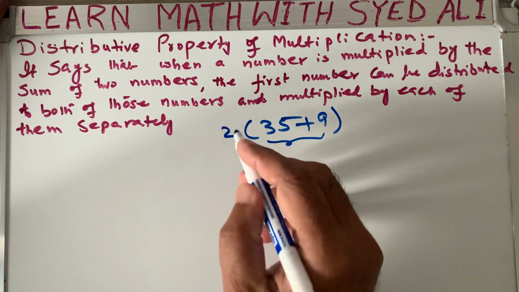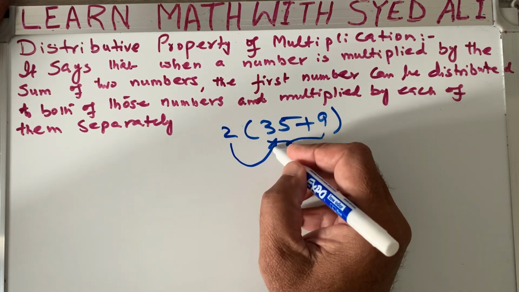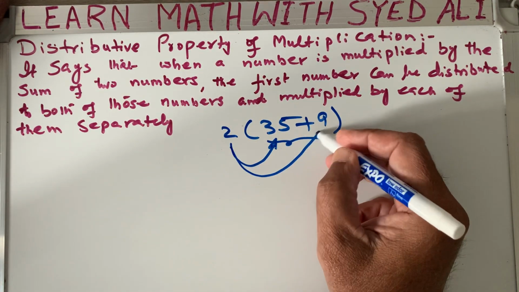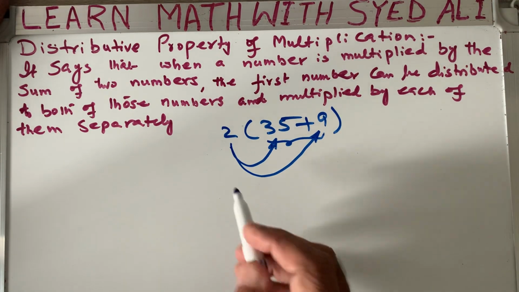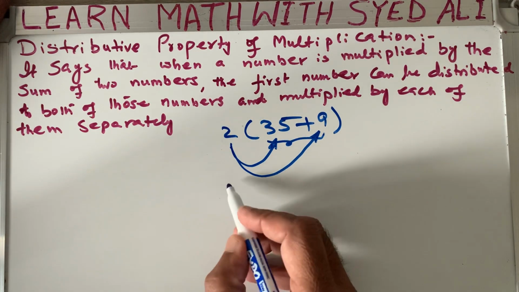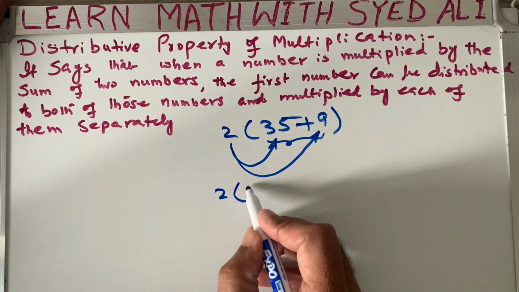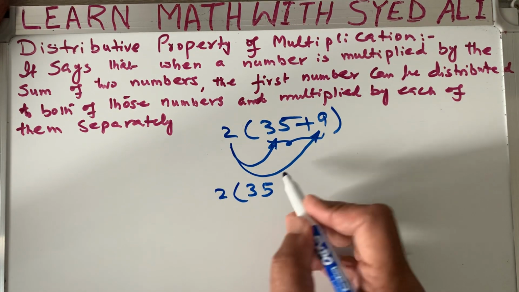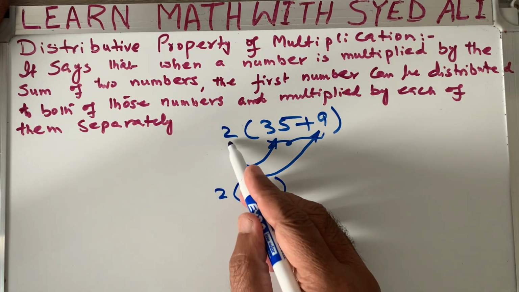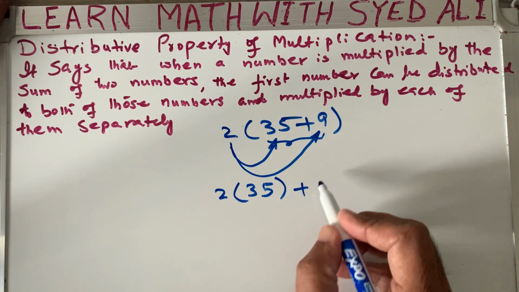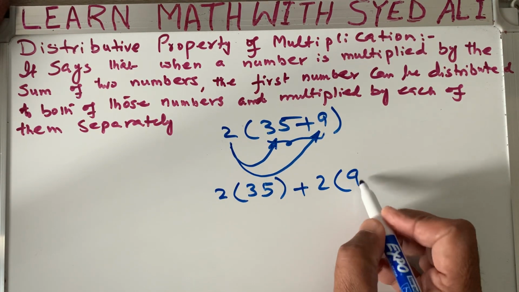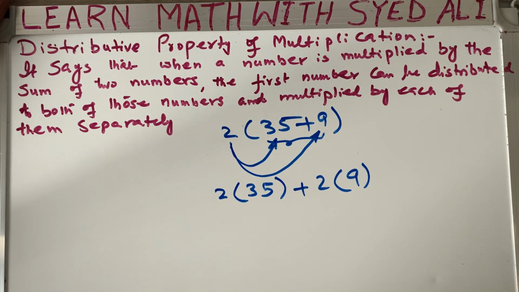So this number is distributed to both numbers, which means it goes and multiplies both of the numbers one after another. So 2 multiplied by the first number in the bracket, plus 2 multiplied by the second number in the bracket. So it's called the distributive property.